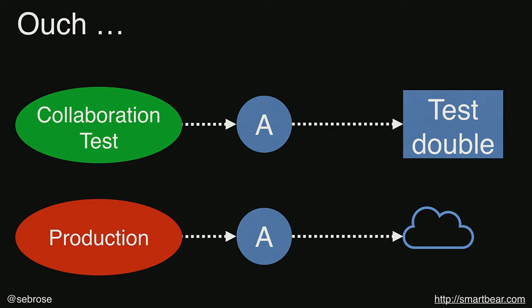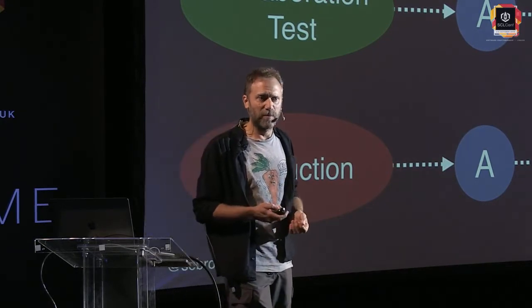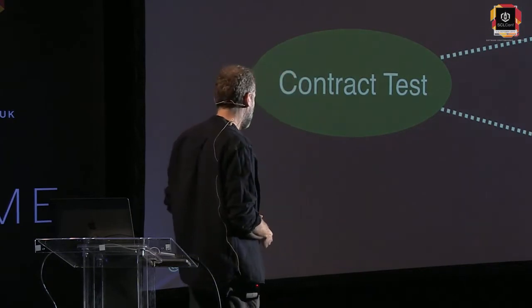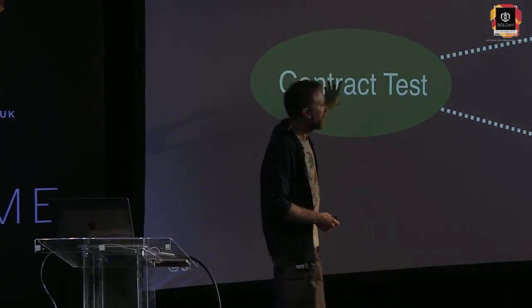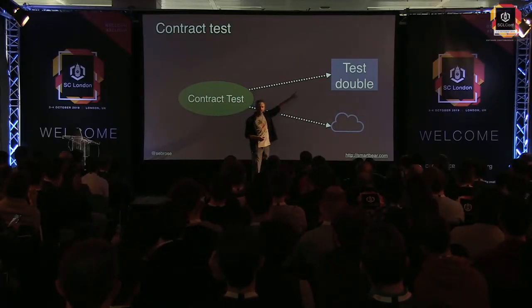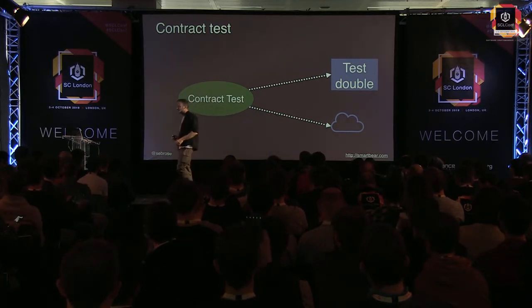I'm guessing that many of you have had this experience, and this is something that we would like to avoid wherever possible. The contract tests come in here. The contract test is itself a test, but it's a test that will run both against the test double and against the system that you are stubbing out with the test double.